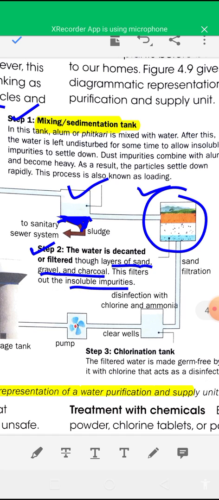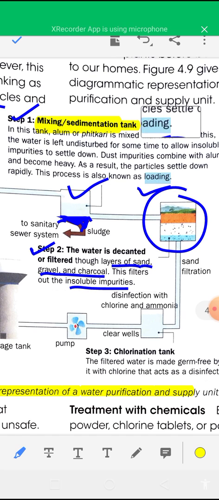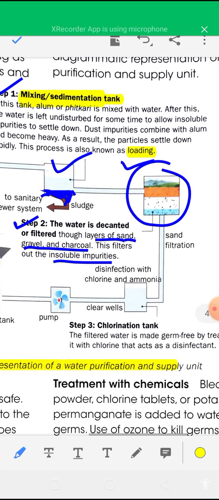As a result, the particles settle down rapidly in the sedimentation tank, and this process is called loading. Remember that, loading. Then you pass the water through this chamber, which contains sand, gravels, charcoal. It acts as a filter.